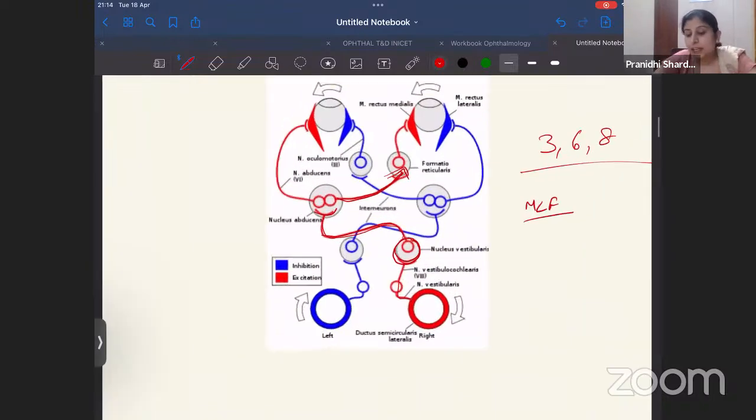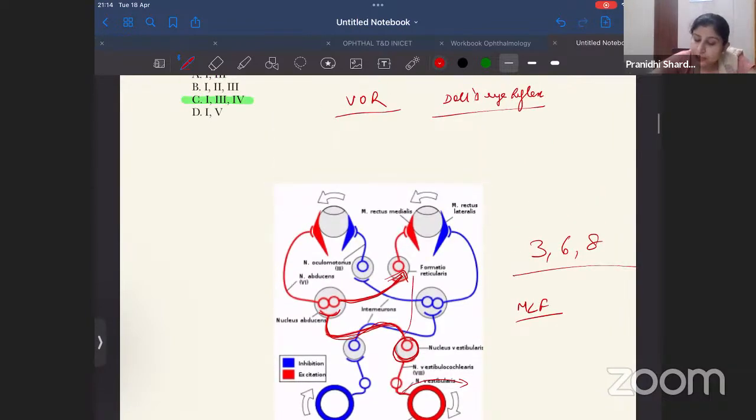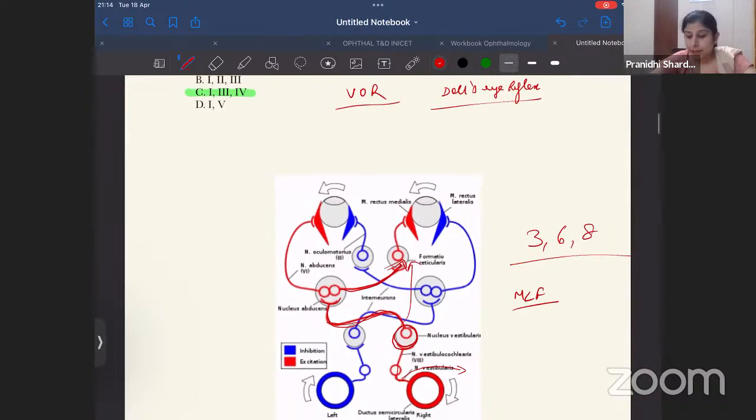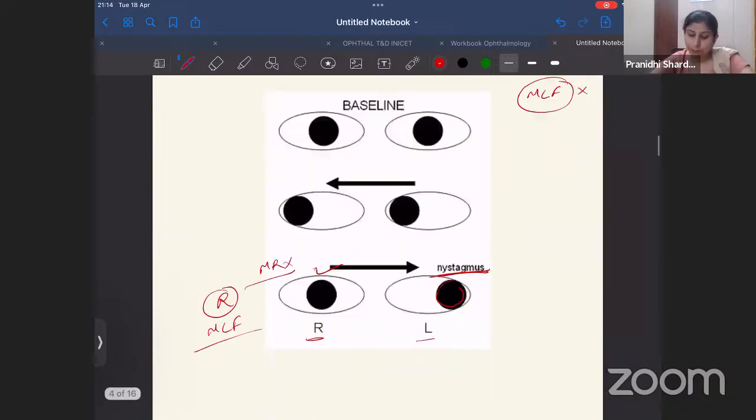And why it is being hampered is because of the oculocephalic reflex. Whenever we turn our head to one side, the eyes have to move to the opposite side. So the contralateral sixth nerve and ipsilateral third nerve have to act. So this is the oculocephalic or the vestibulo-ocular reflex.